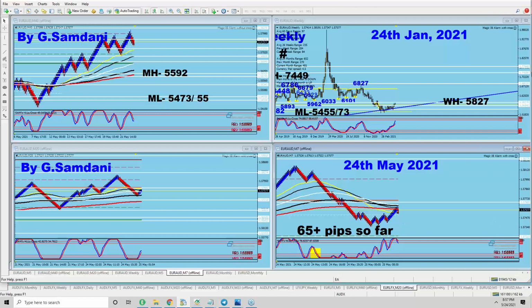I even have the alarm here. See this alarm here? It's the Magic IB alarm with cross. So as soon as that happens, at the setup, the alarm starts beeping. And when the alarm starts beeping, I know that the setup is ready to take. So I'll take the setup, and then the SL is always 25 pip on this 20-minute chart.